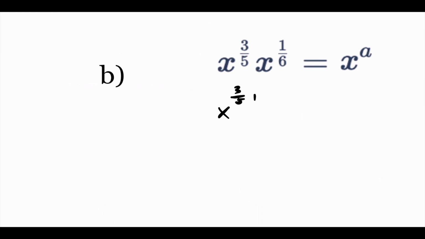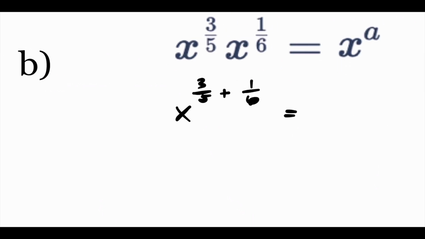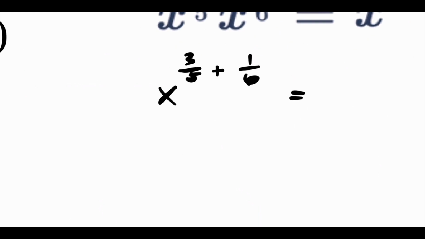3/5 plus 1/6. Okay, when we're adding and subtracting fractions, we need common denominators, right? So what's the common denominator for 5 and 6? 30, right? I think 30 is the smallest number they both go into. So that one I need to multiply times 5. That one I need to multiply times 6.